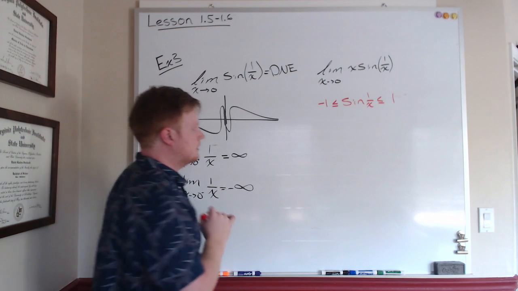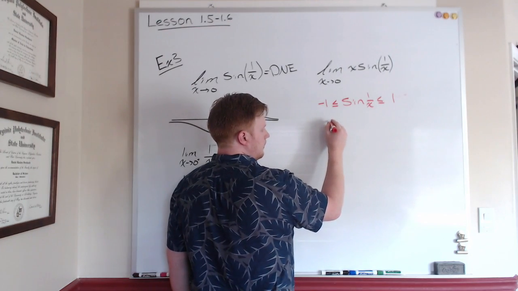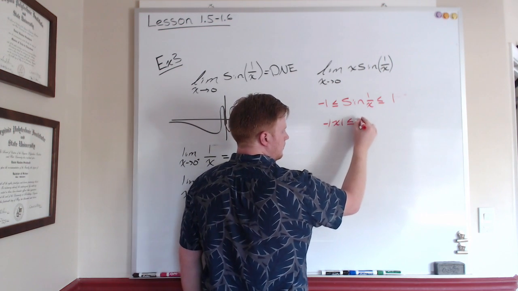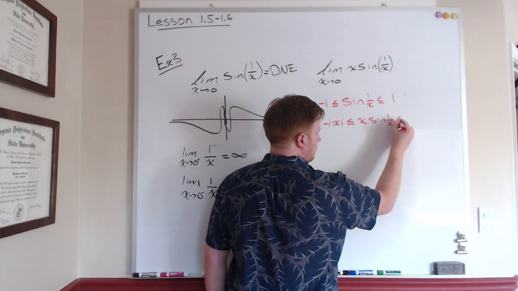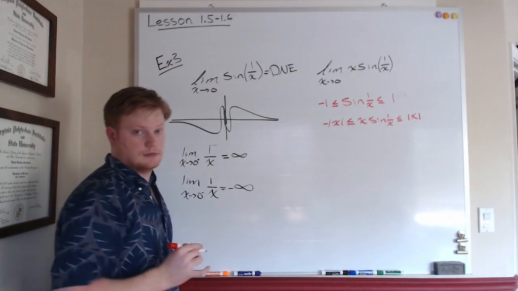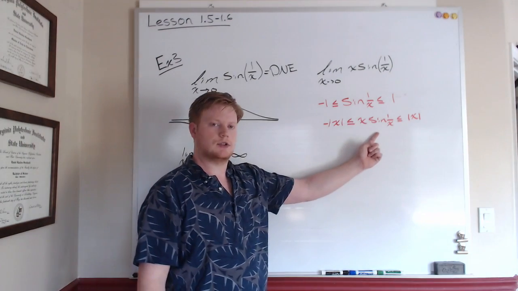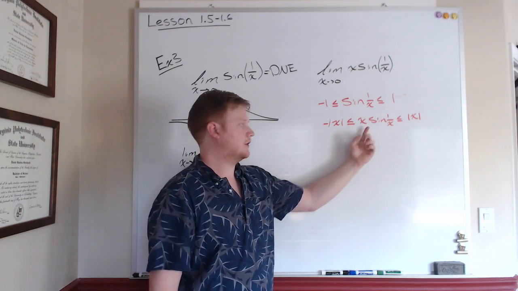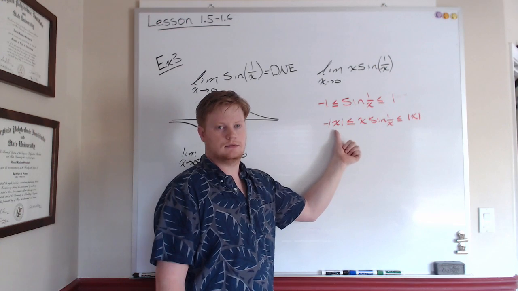Well, if that's the case, multiplying through by the absolute value of x, that must also be true. And if you think to yourself, all that x does outside of a trig function is adjust the amplitude. So if I were to say that the amplitude of this sine function is now 2, then yes, in fact, this will be between 2 and negative 2.